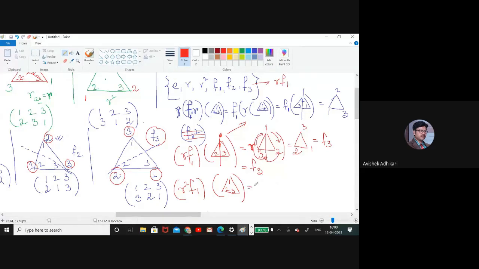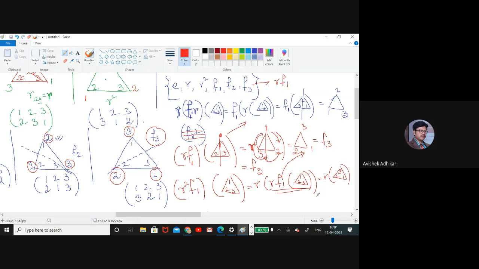So R square F1 means R of R F1 of 1, 2, 3, right? And just now I have seen that RF1 is nothing but this triangle. So this is nothing but rotation of this triangle 3, 1, 2.